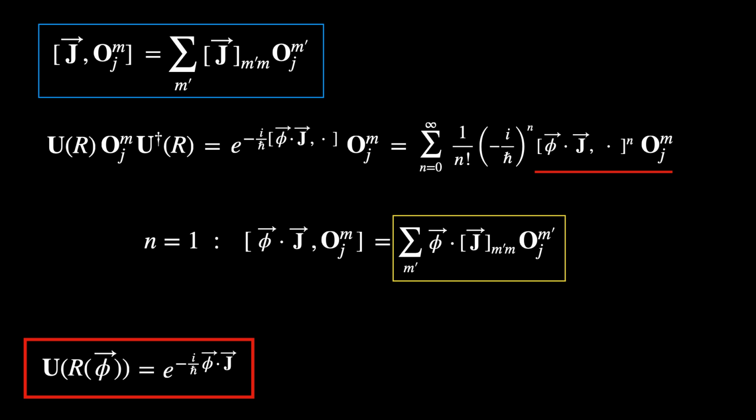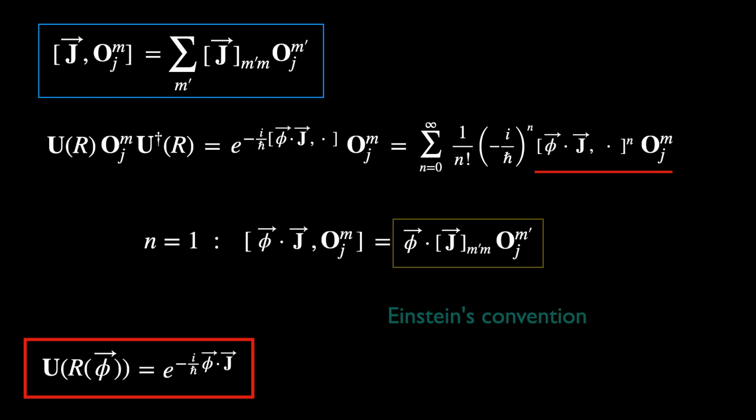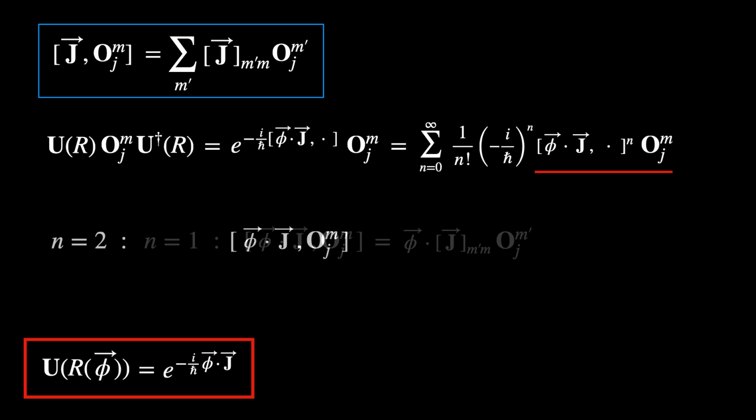Here, let's use the Einstein convention, where repeated indices are summed over, so that we don't have to keep writing summations. And now for n equals 2. Once again, we can use the blue box.